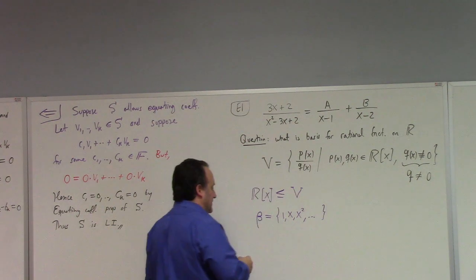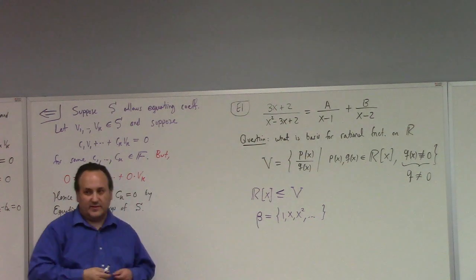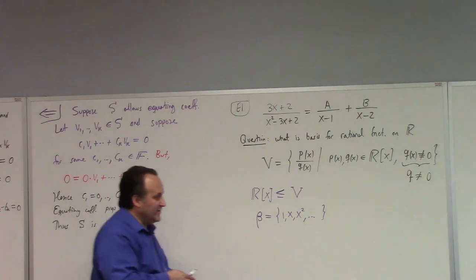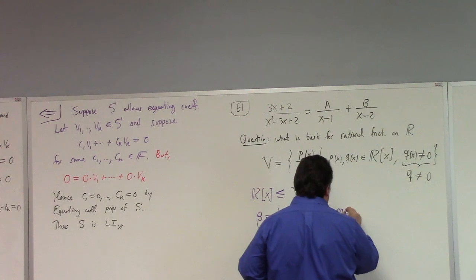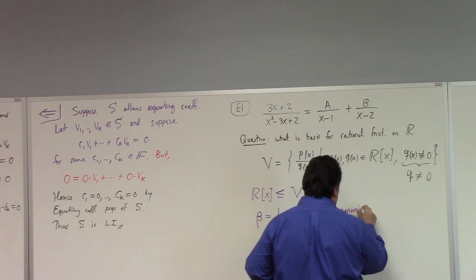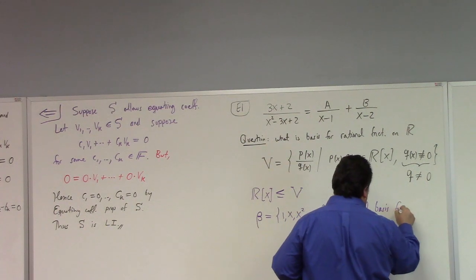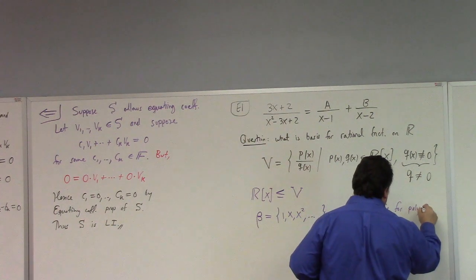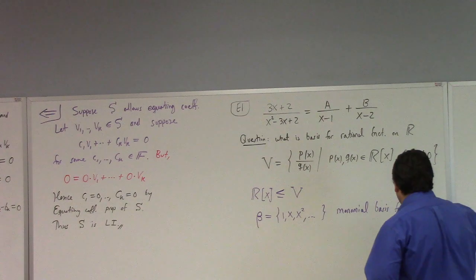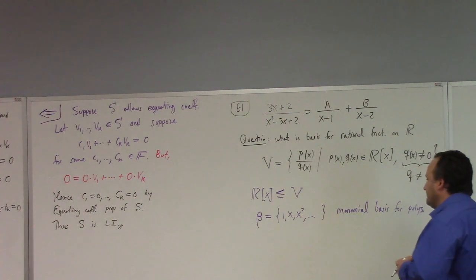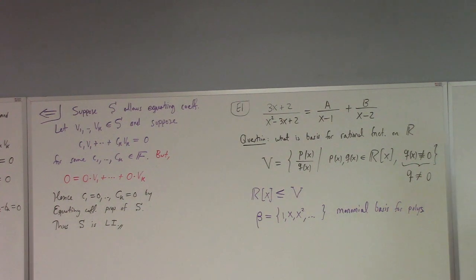That's a choice, the so-called monomial basis for the polynomials. But that's not enough, right?